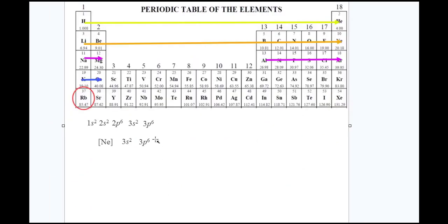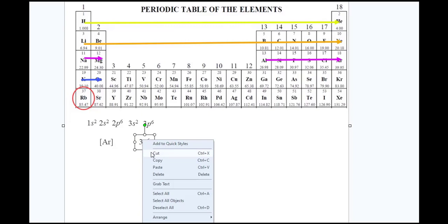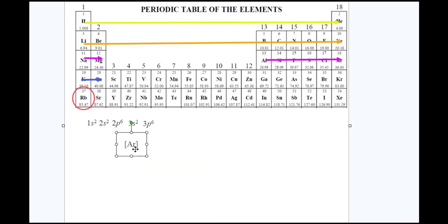Now, since we've filled argon out, I can change my abbreviation to Ar, and that'll take care of my 3s2, and this stands for the 18 electrons that are the 1s2, 2s2, and so on.